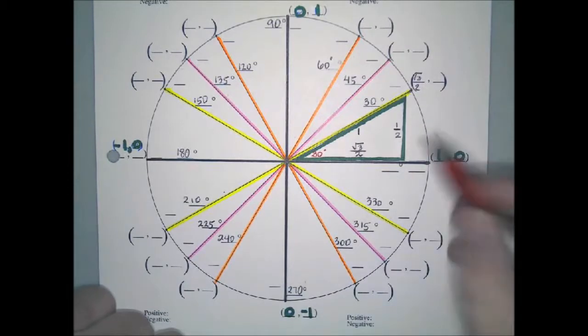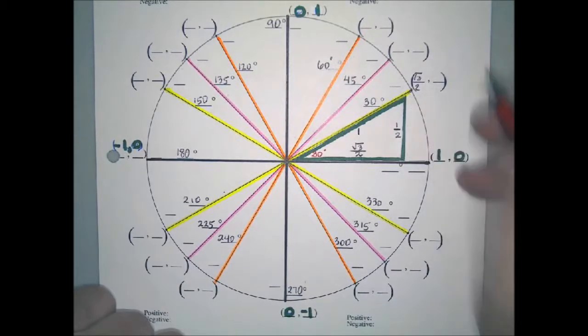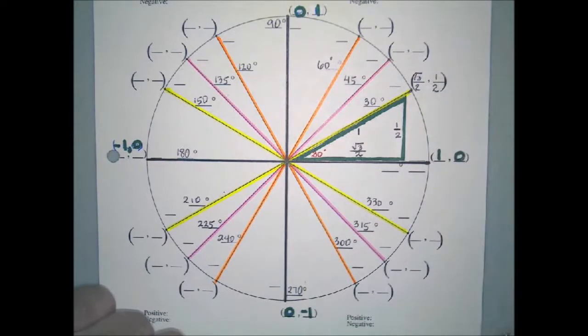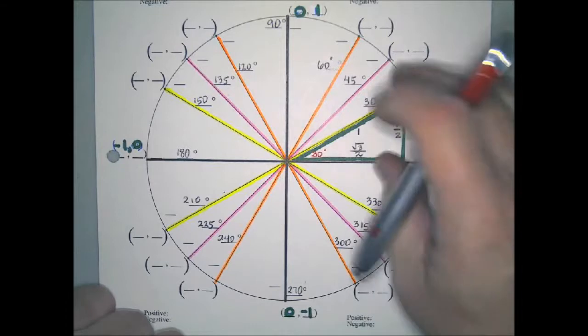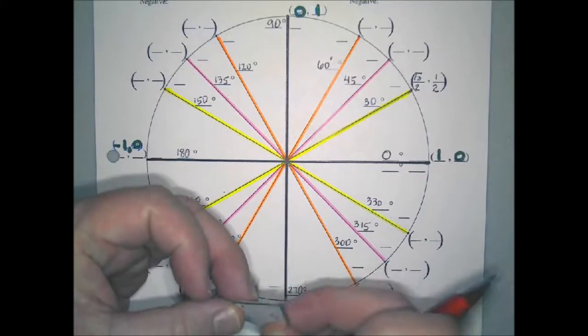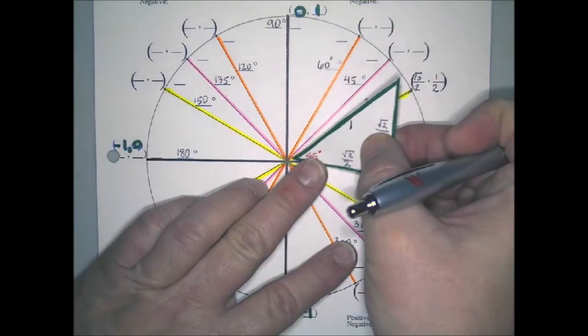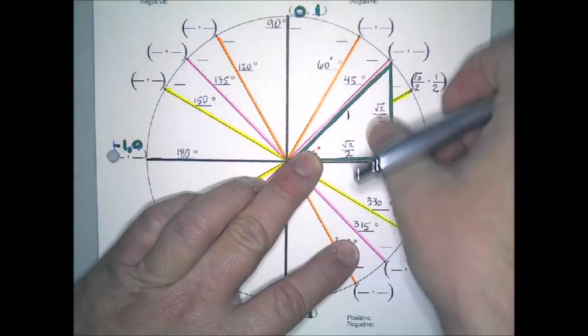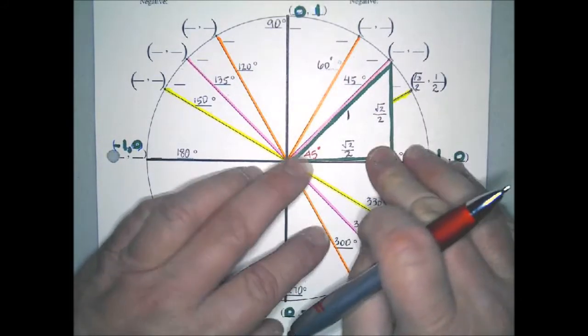But then you have to go up 1/2, so that would be the y, 1/2. So that takes care of the 30. Now, I did the same thing with the 45. If we lay the 45-45-90 triangle in the unit circle, it does something like that.